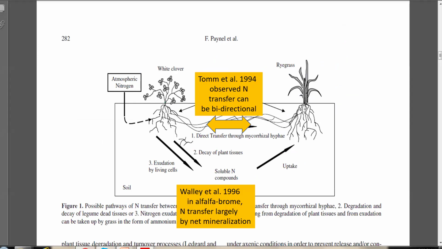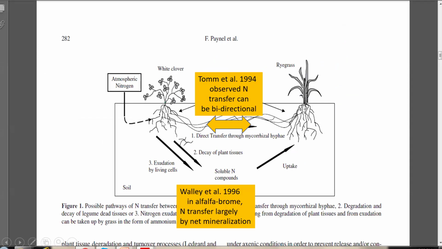Now, the other transfer in intercrops that's important, the other ecological service, is that there will be movement of nitrogen from legumes to grasses. And this has been demonstrated in many different studies. This bottom one here is a Canadian study looking at an alfalfa brome grass.